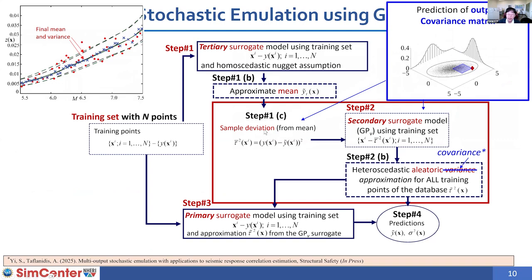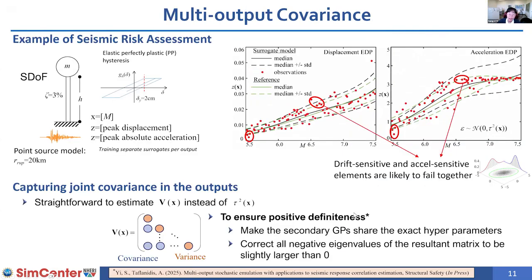So instead of collecting sample deviation from the mean, we are looking at not only sample deviation at each dimension, but we are also looking at cross deviation of two dimension pairs. It is straightforward, but we need to be cautious on one thing: now the prediction of our covariance matrix, which comes from the secondary surrogate, needs to somehow ensure positive definiteness.